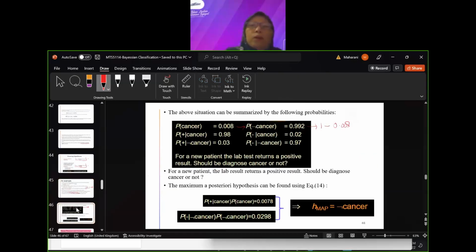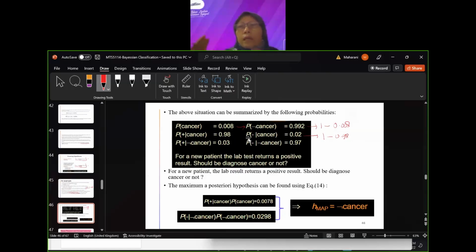So we can write it down like this. The condition now is cancer, so the slash is cancer, and then the probability of positive is 0.98. From this one we can also write 1 minus 0.98. How to read this one?